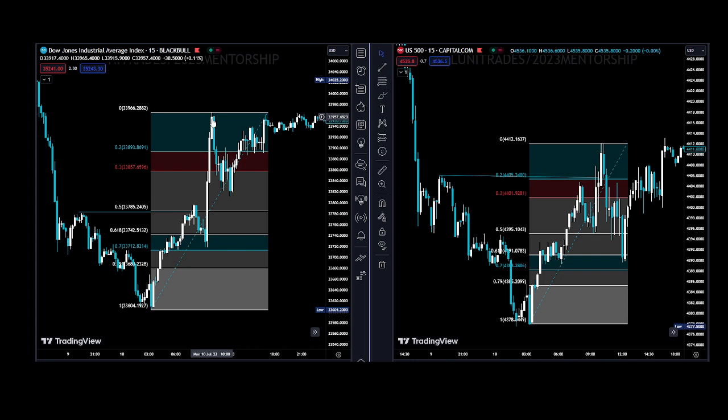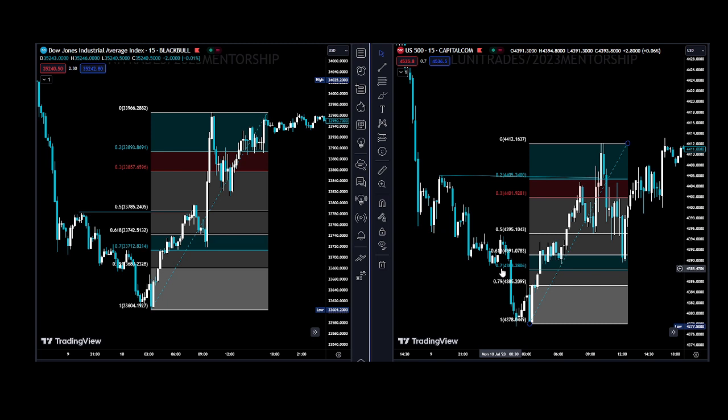But look at something here. Look at the retracement. The retracement is what you want to take note of. I anchor my fib from this low to this high, and I'm taking note of the retracement. So this didn't retrace below the 0.5 level, while this went deeper to the 0.7 level.